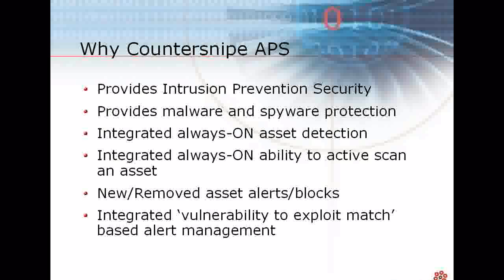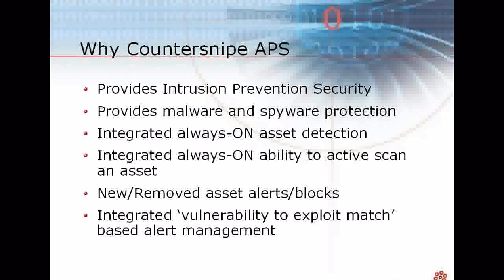Every time there's a new machine added onto your network, we know about it straight away. We also have the option, and you have a checkbox to do this, to actively scan an asset. So if you find a new asset on your network, you can launch an active scan of that immediately, not just passively listening out for it.